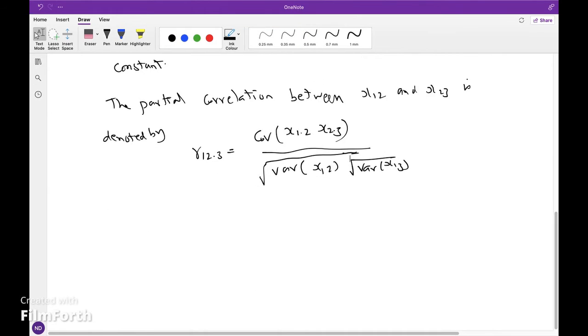But covariance of x1.3 and x2.3 is equal to sigma1 sigma2 into (r12 minus r13 r23).